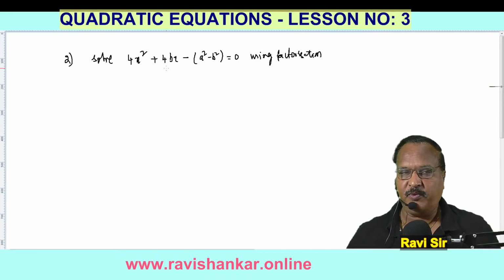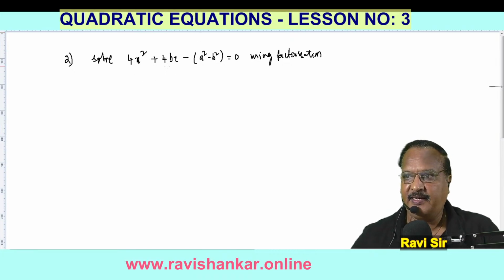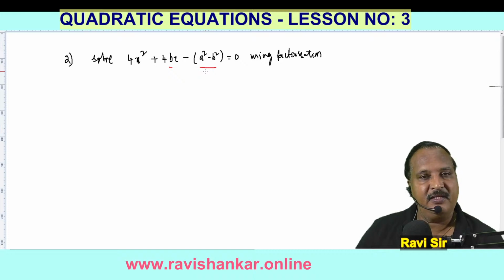So the previous problem contained irrational numbers, this problem contains alphabets. Okay, variable coefficient is there, a square minus b square is there. So now the procedure is same. There is no change in the method. Okay, it is a quadratic equation, 4x square, 4bx, and a square minus b square.